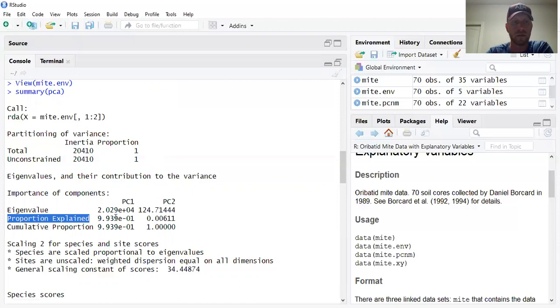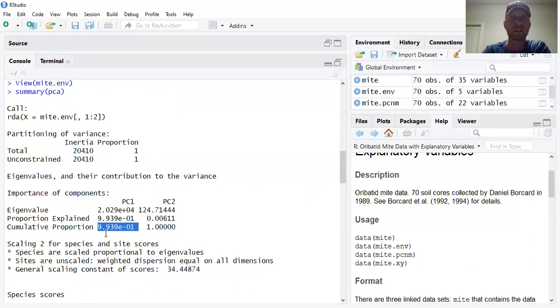So of the variation that's explained, notice that 99% of that, this is 9.9 times 10 to the negative 1. So that would be 0.99. And that's a proportion. You multiply that by 100 and you get 99%.